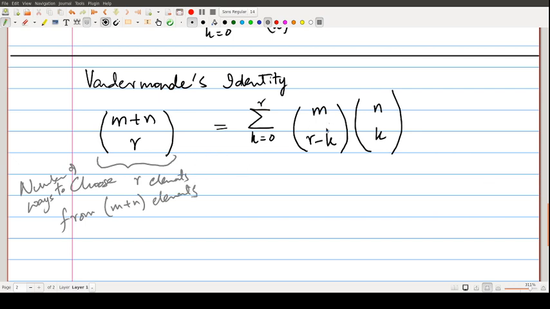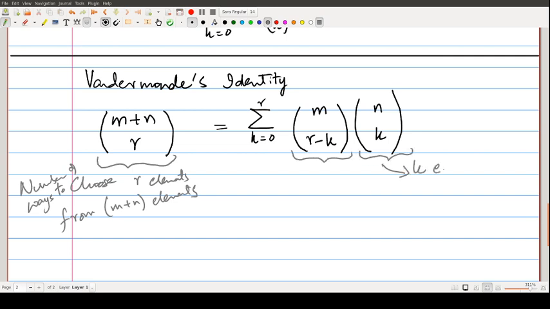And the right hand side is saying something different. The right hand side is saying separate m and n into two different bags, and select k elements from the bag that contains the n elements, and the remaining r minus k elements from the bag that contains m. So think of it as two different bags, right?